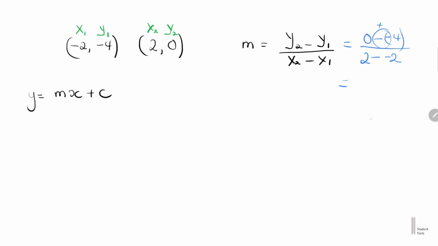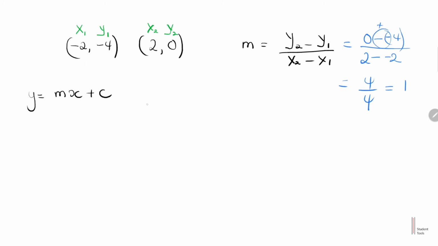So that is 0 plus 4, which is positive 4 here. All this is over 2 minus negative 2. Again, this changes to a plus. So that means it's a 2 plus 2. So that is still a 4, which equals 4 over 4, a positive 1. Okay, so that means our gradient is equal to a positive 1.